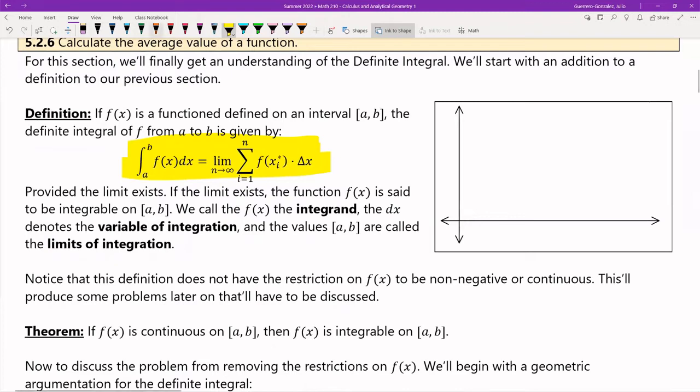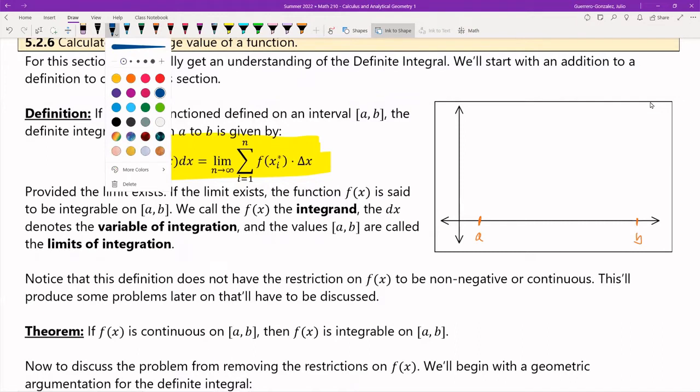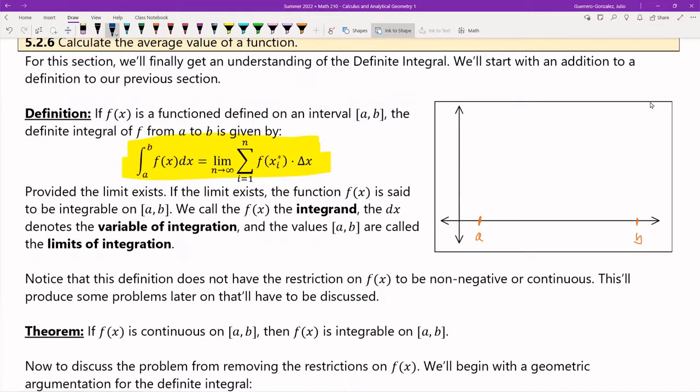So let's say we wanted the area from an A to a B. So let's say this is my A and this is my B under a curve. Make this a blue curve, right? Let's say I wanted under that curve right there, so I wanted this area right here.